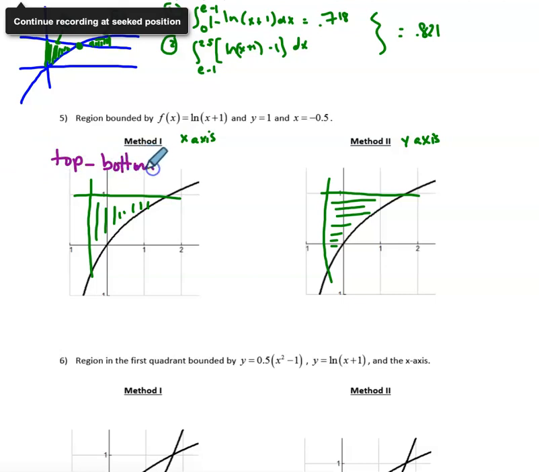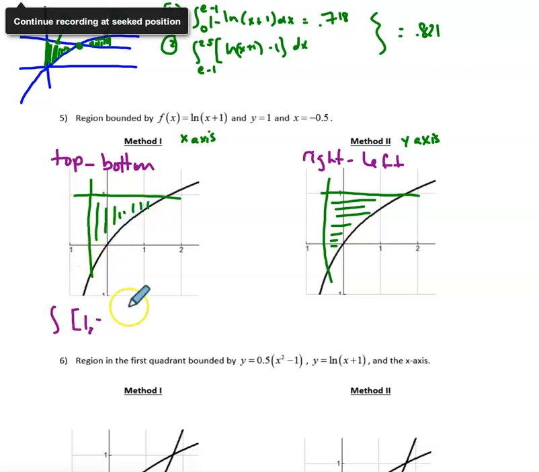And let's recall that we do right curve minus left curve when we do the y-axis. So the x-axis here, we start with the top curve, which is the y equals 1 curve. And then the bottom curve, oops, need a subtraction sign, sorry about that.